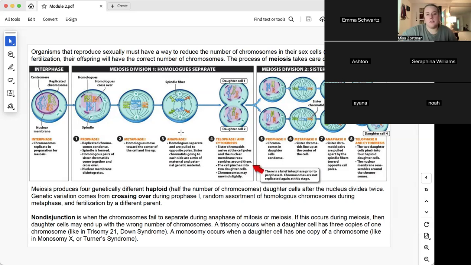Okay, so every time this happens, two cells are affected, maybe more. So this is when things like Down syndrome occur because that is an extra chromosome 21. So an extra 21 was pulled over during anaphase, and therefore it was passed on that way.